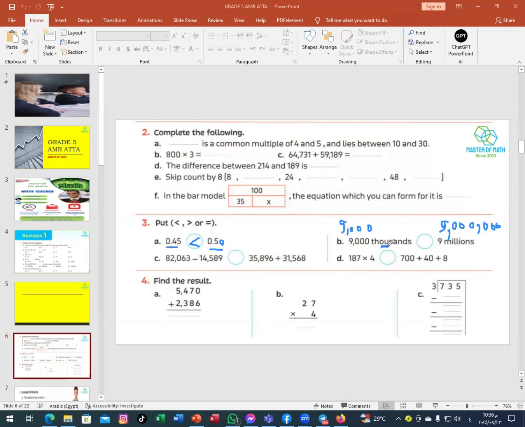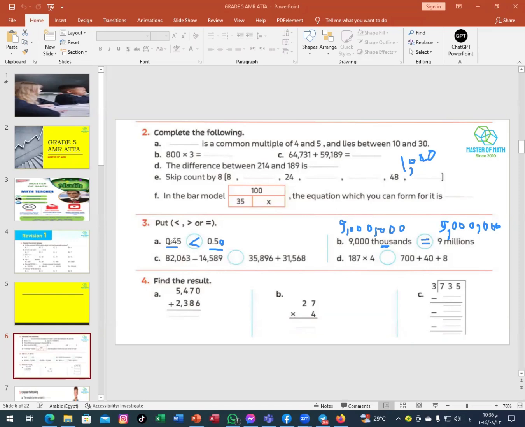These thousandths mean I have to put another 3 zeros, because a thousand has 3 zeros. So it's 9 million and it's 9 million, so it's equal.